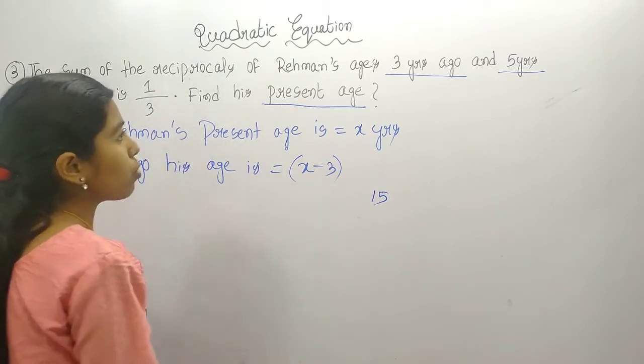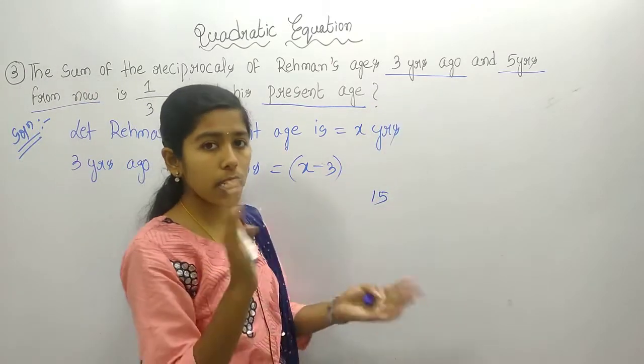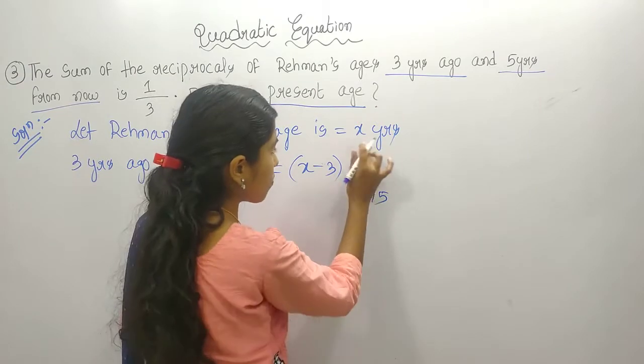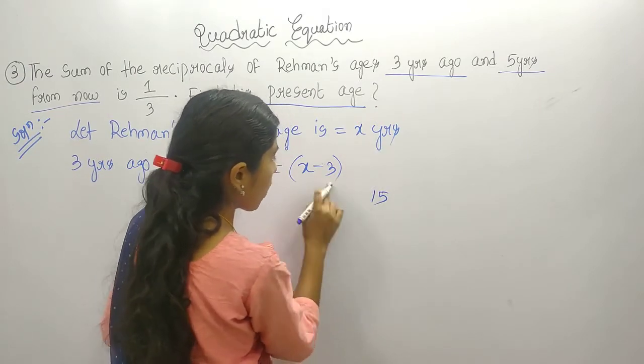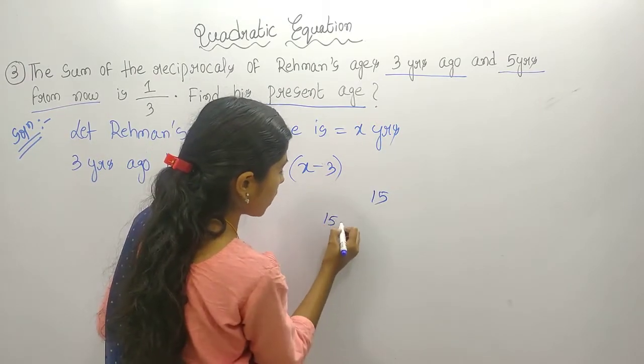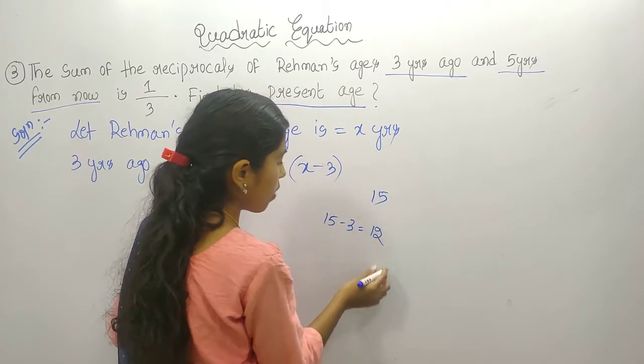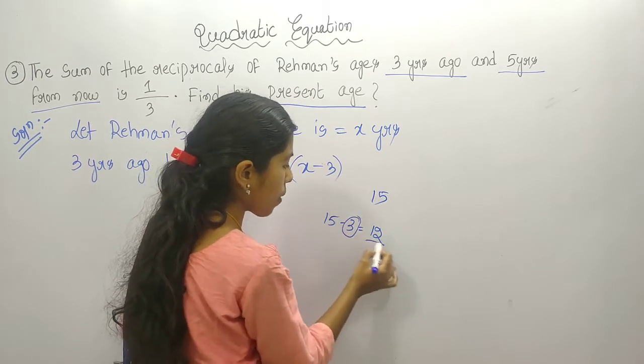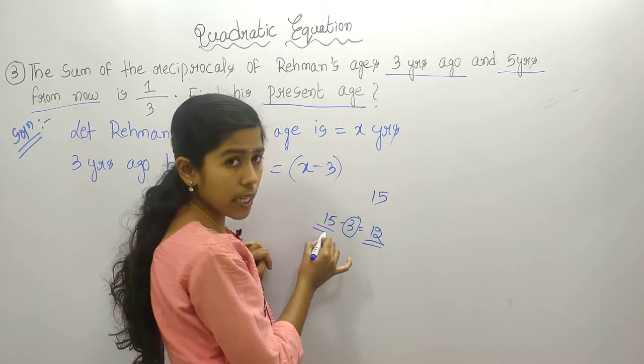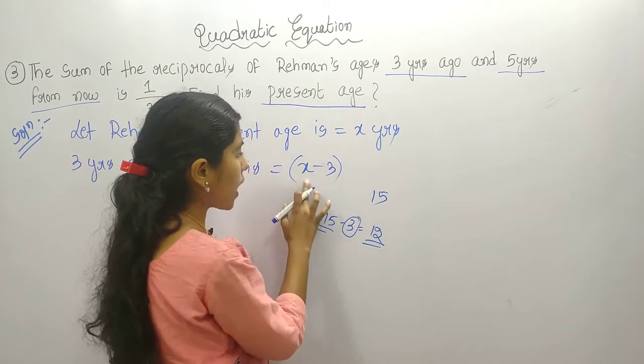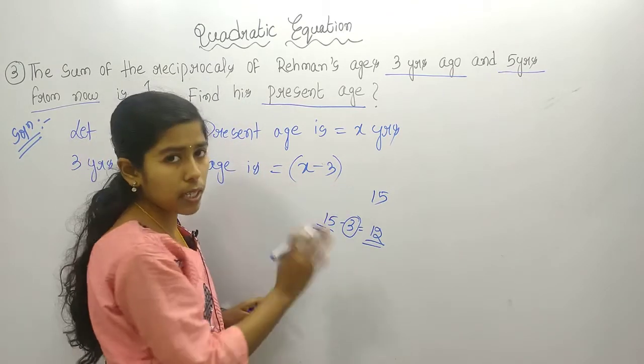So it's given 3 years ago, means 3 years before. So x minus 3, 15 minus 3, so 12. It means 3 years before Rahman is 12 and now he is 15 years. So we will take 3 years ago means x minus 3 years.